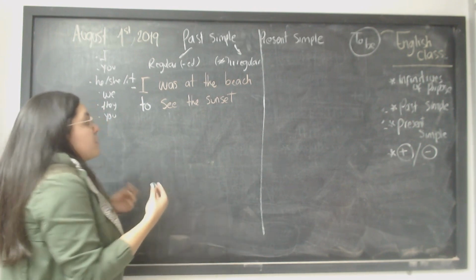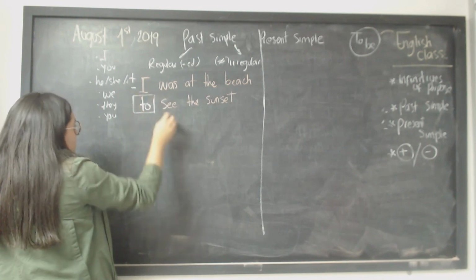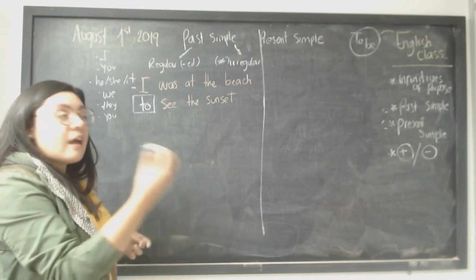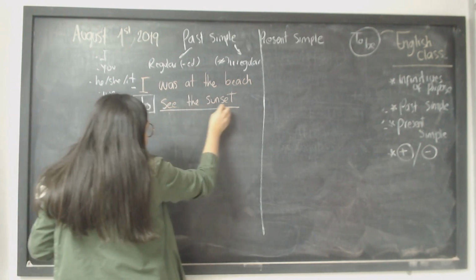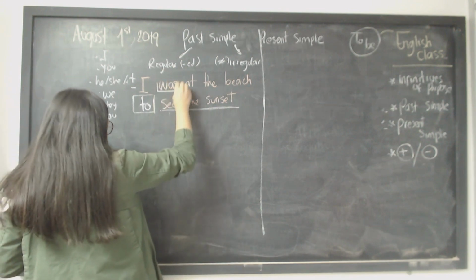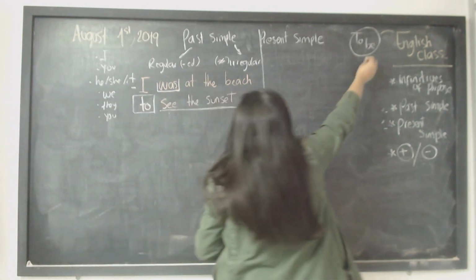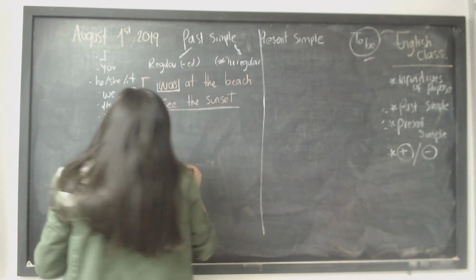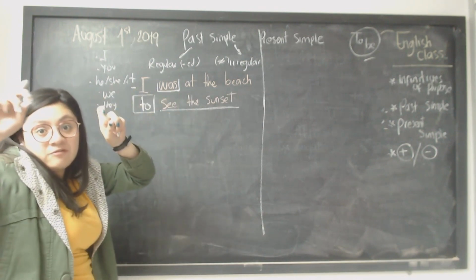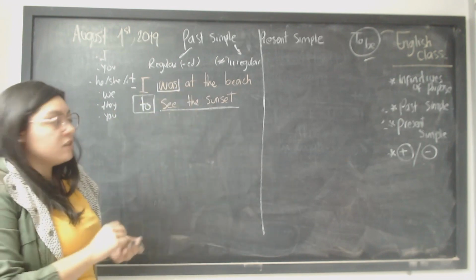Estaba en la playa para ver el atardecer. So to is my infinitive of purpose, es mi infinitivo de propósito. And see the sunset is the reason why I was at the beach at this hour. Was, remember that is the verb to be. So it's here. And remember that we have the special conjugation of the verb to be in past, okay? So verb to be is an irregular verb because it changes a lot, okay?